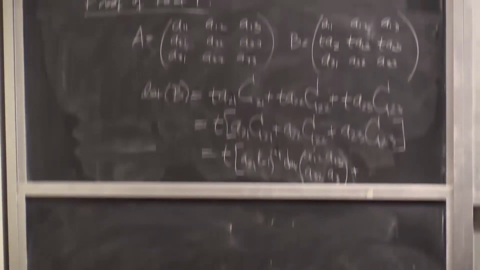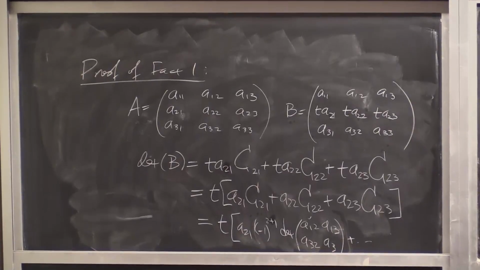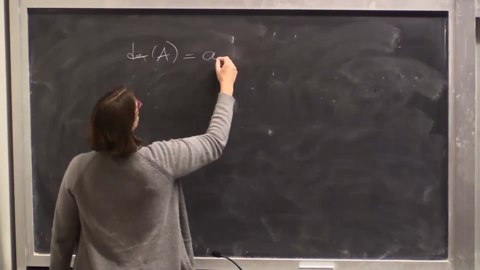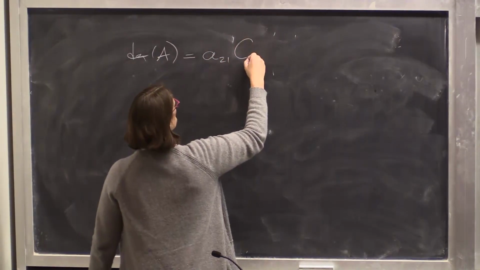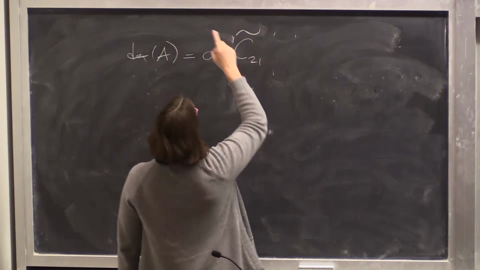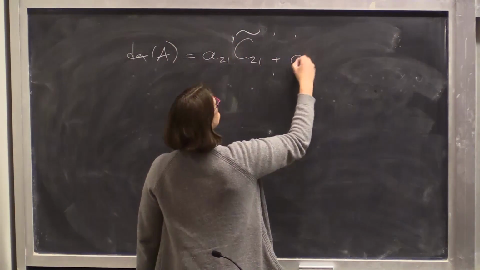So I just wrote down the 2,1 cofactor. If I tried to compute the determinant of A about the second row, I would get A21, C21, and I'll put a tilde just in case, because it might be that the cofactor for the A matrix is different.